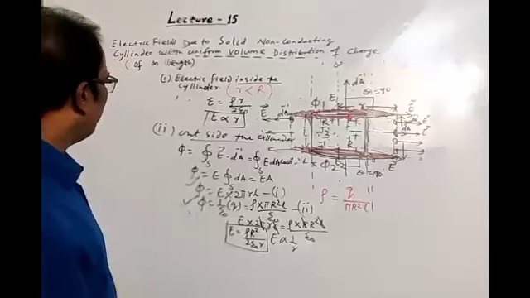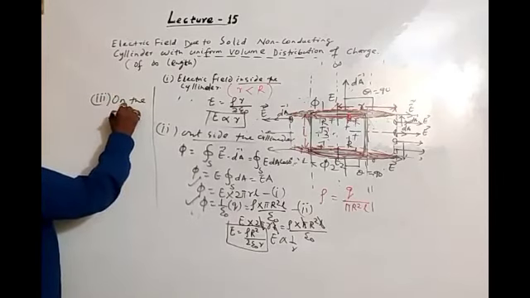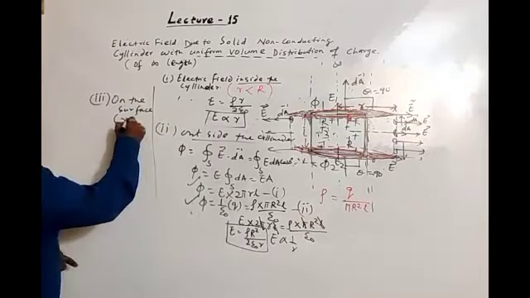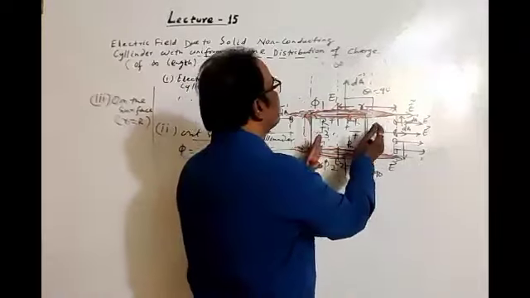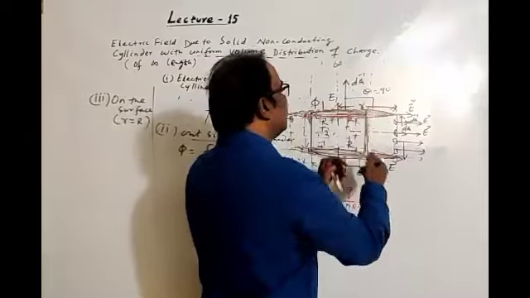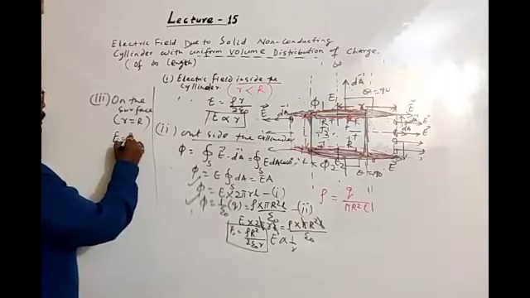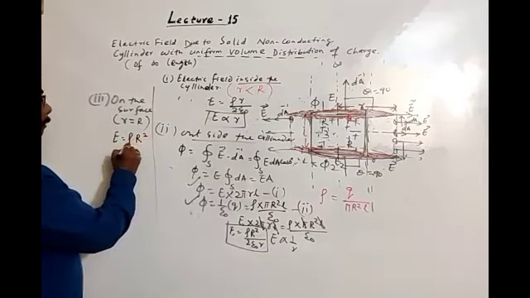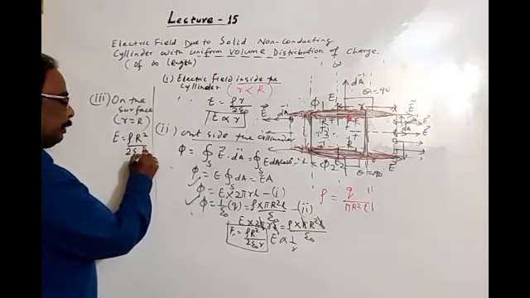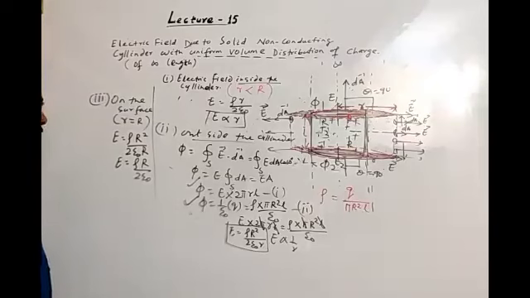Now, if you want it on the surface, then obviously small r is an arbitrary distance, and on the surface small r is equal to capital R. If you are taking a Gaussian surface outside the cylinder, on the surface small r is equal to capital R. Then the electric field on the surface is rho R square divided by 2 epsilon naught into R, so the electric field is rho R divided by 2 epsilon naught, and it's a constant factor.